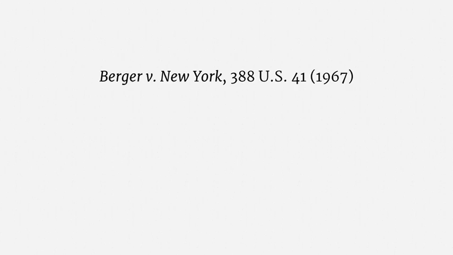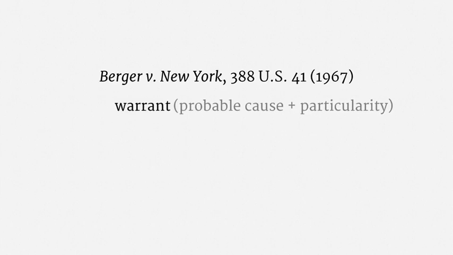The basic ingredient, of course, is a warrant. That comes with the usual probable cause and particularity requirements. In this context, we're talking about probable cause that the phone conversation will provide evidence of a crime, and particularity about which phone conversations to intercept.